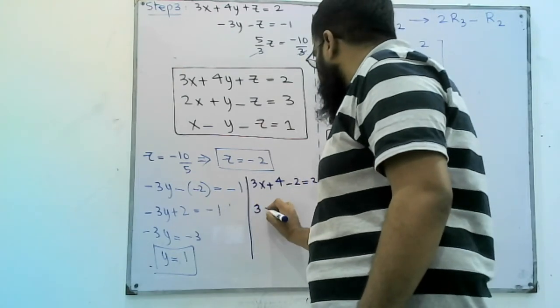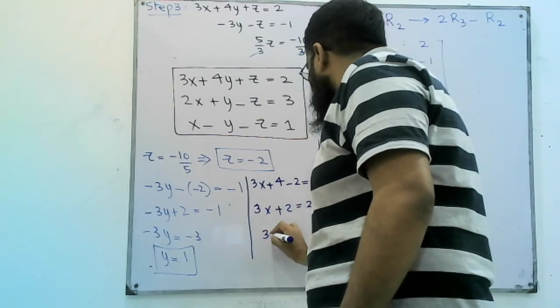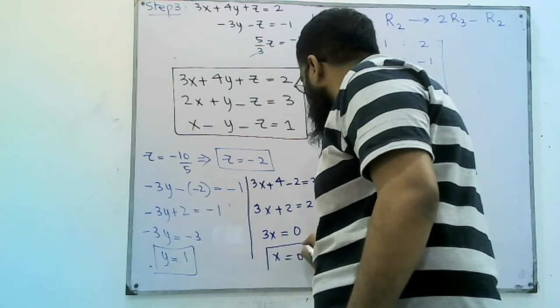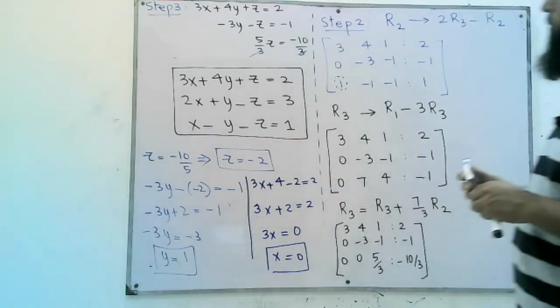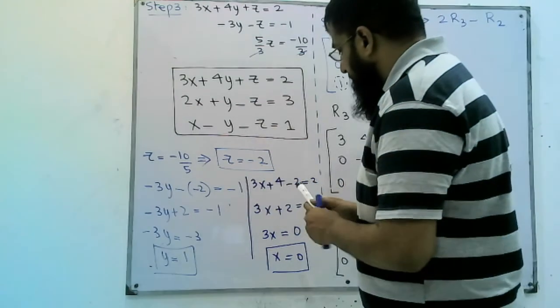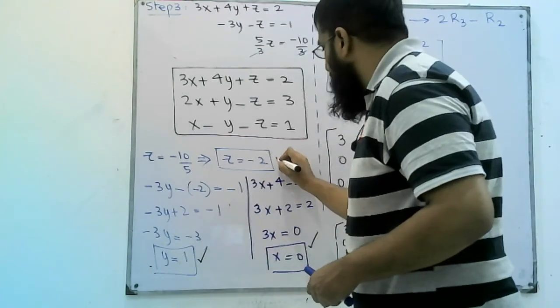So 3x plus 2 is a 2. 3x is a 0, or x is a 0. So with this Gaussian elimination method, we have computed these three values, x, y, and z.